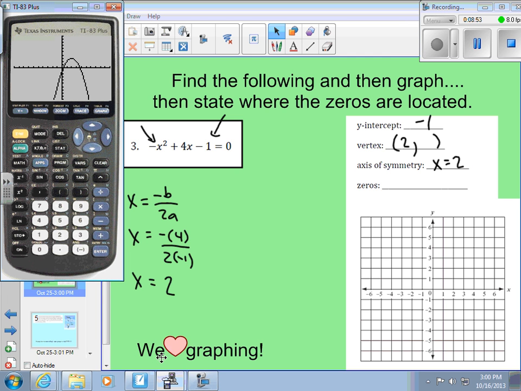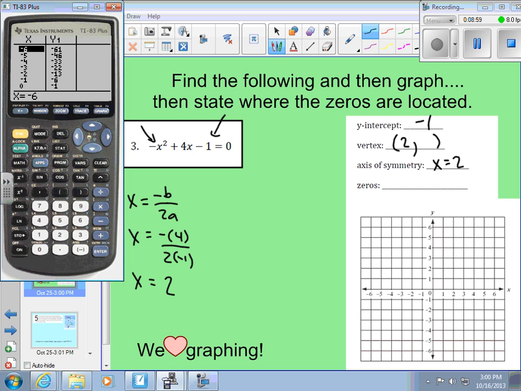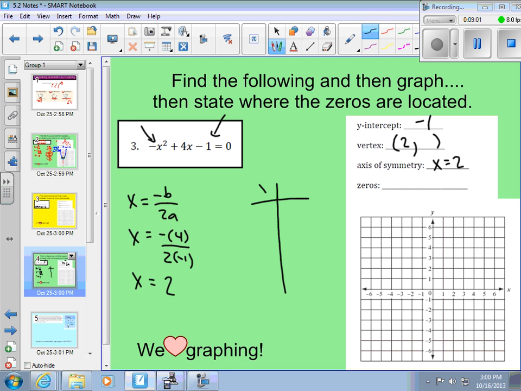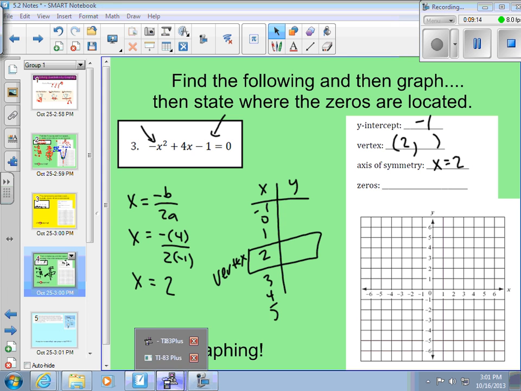All right. If we go to our table, we know that x equals 2 is going to be our vertex. So if we're looking at our table here, we want 2 in the middle. That's our vertex. So let's pick some numbers bigger, some numbers smaller, and fill in our table here.